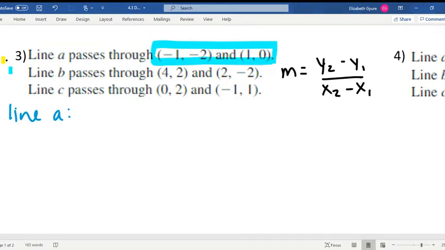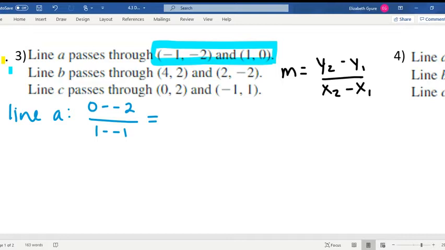So if I want to subtract my y's, what would I put on the top of my fraction? Very good. 0 minus a -2 over, and then if I go 0 minus -2, what should I put on the bottom? Very good. 1 minus a -1. What do I need to do with those double negatives?